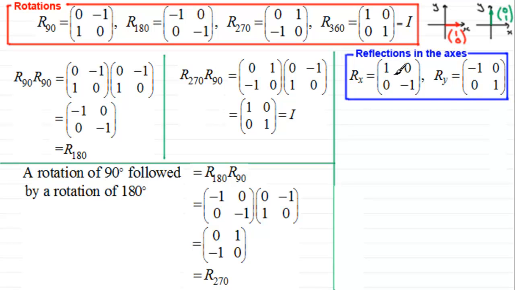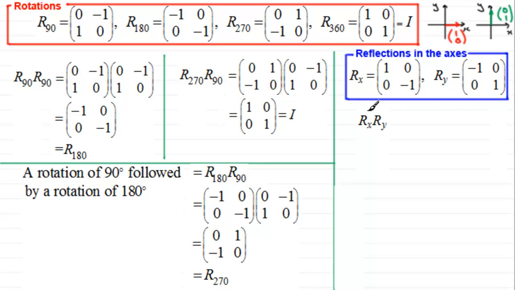Reflection in the x-axis, 1, 0, 0, minus 1, and the reflection matrix for the y-axis, minus 1, 0, 0, 1. Now with this one, what I want to look at is how we can combine these two matrices, and it will represent another transformation.